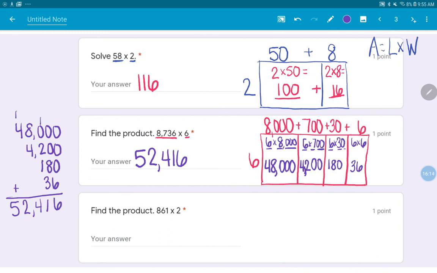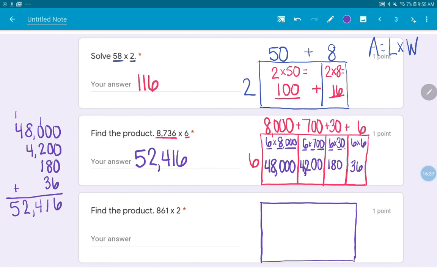Alright, last one. We're going to do an area model again. We're going to practice these a lot coming up. This is just kind of an introduction. If I'm doing 861 times 2, what's going to go over here on this side?